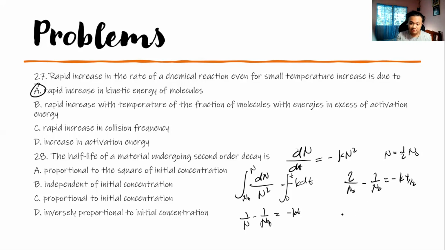Solving this, we find that the half-life is 1 over k N0. Meaning it is inversely proportional to the initial concentration, since N0 is in the denominator.